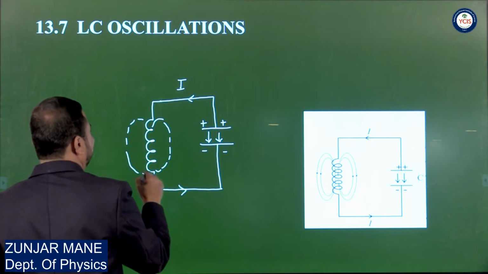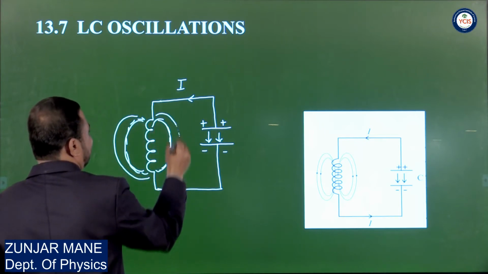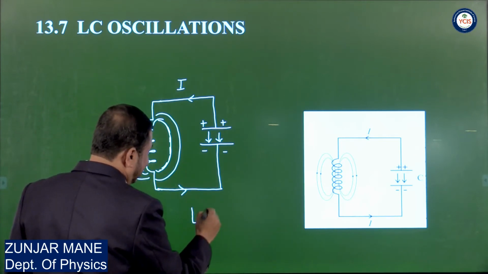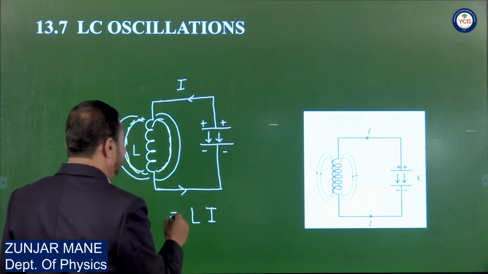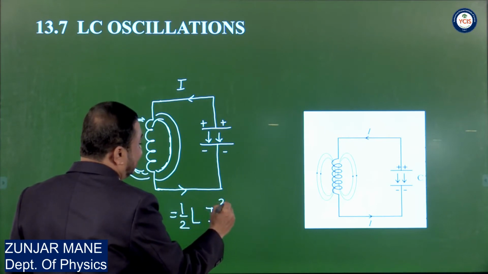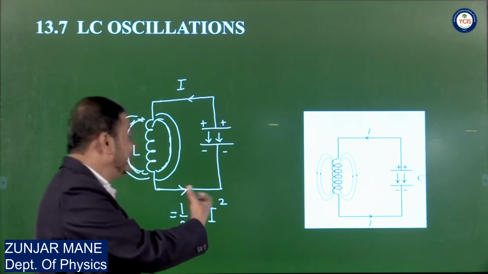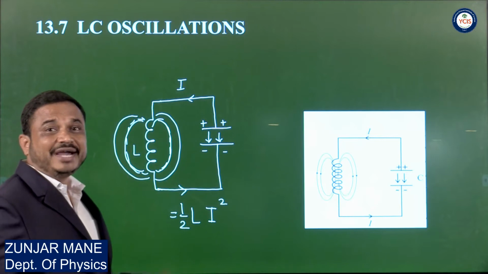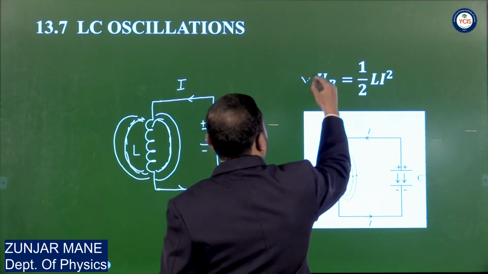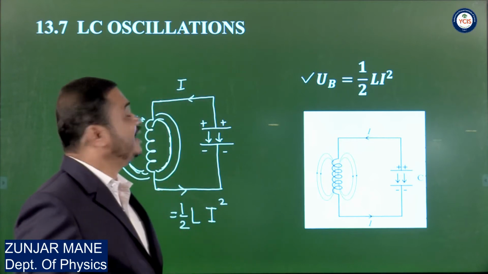If L is the inductance and I is the current flowing through the inductor, the magnetic field energy is given by half L I squared. So some part of the electrostatic energy of the capacitor is transferred to the magnetic field energy of the inductor.